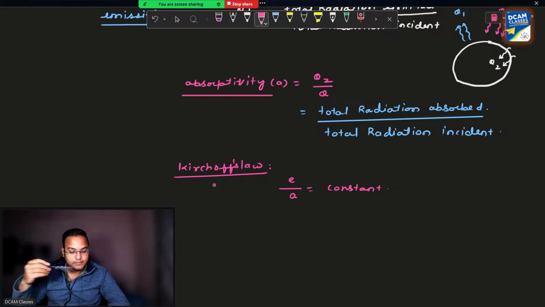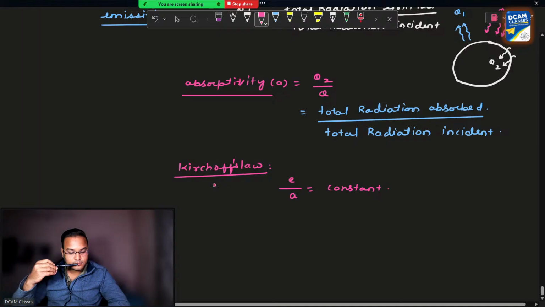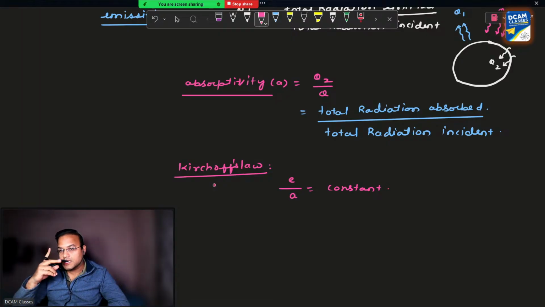Later you will learn. E by A, Kirchhoff's law says the emissivity by absorptivity is constant. The value remains constant. That constant value is one for the black body.